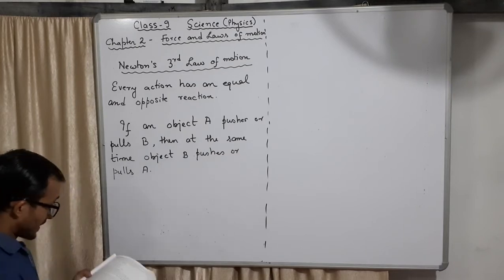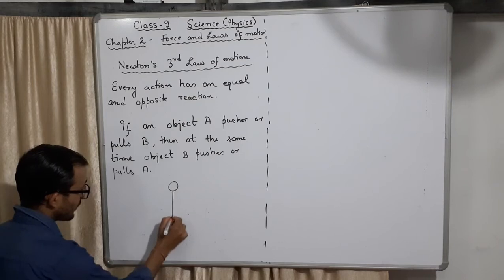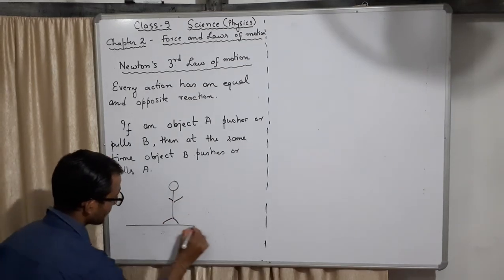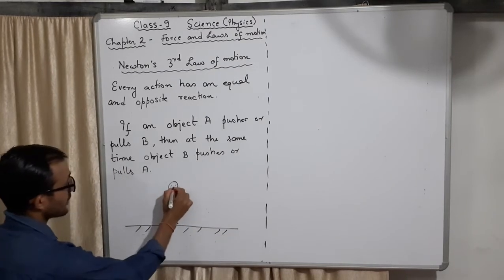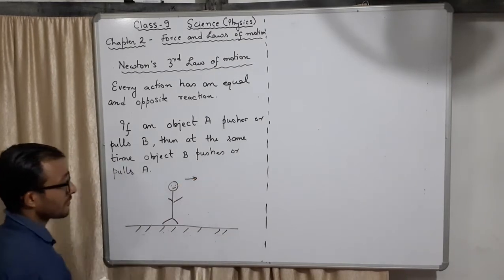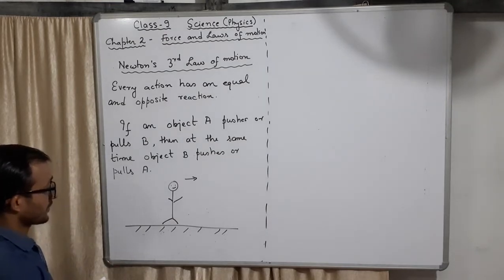The most common example is an athlete running. I'm not very good at drawing, so let me draw as simply as possible. This is the ground on which this person is going to run, in this direction. Now we have to look at his feet.